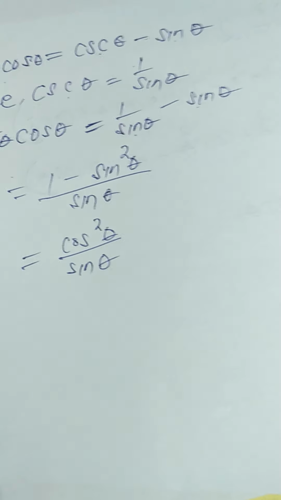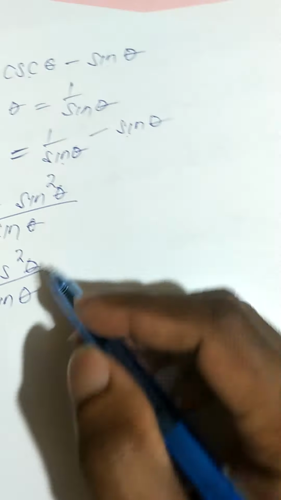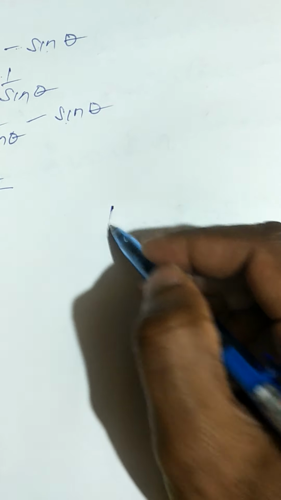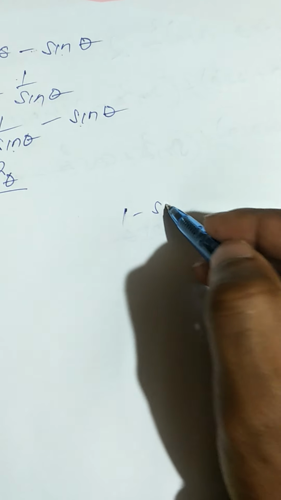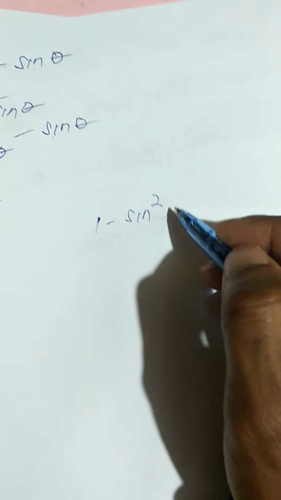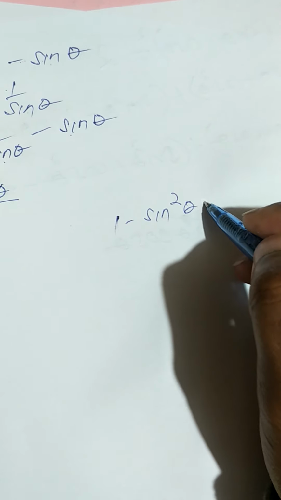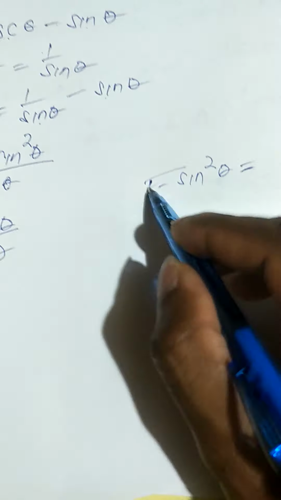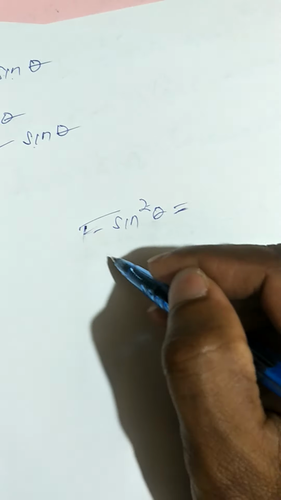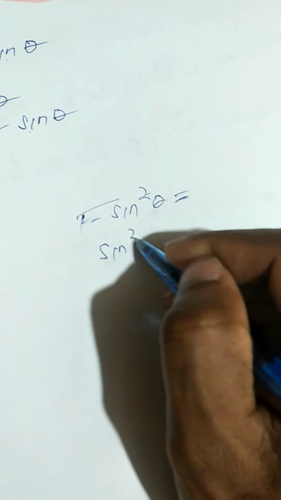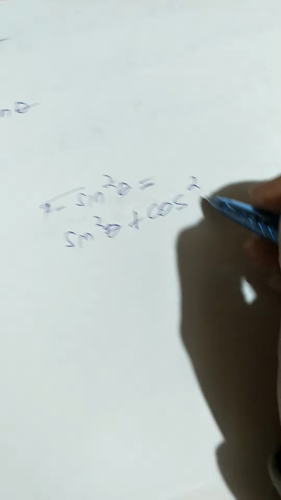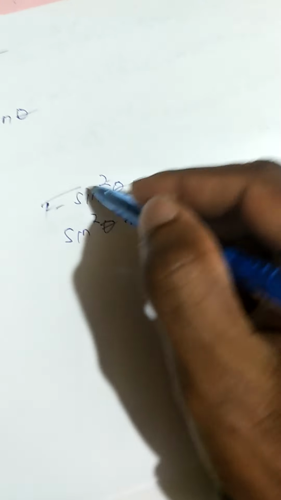Let me compute this to make things clear: sine theta squared plus cosine theta squared is equals to 1.